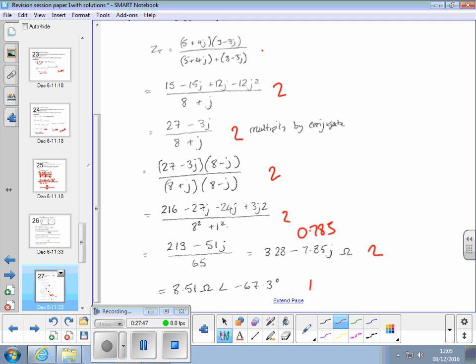Yeah. But does it work out to that or not? I get 13.5 degrees. What do you get there then? Well, I get 3.48, 13 degrees. Ain't gonna be that.